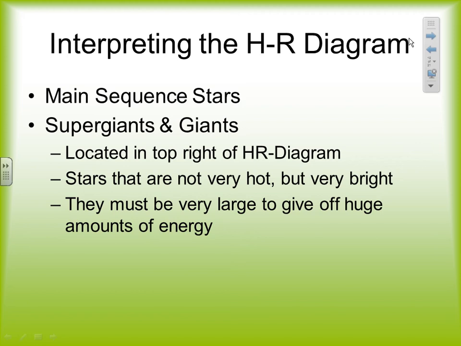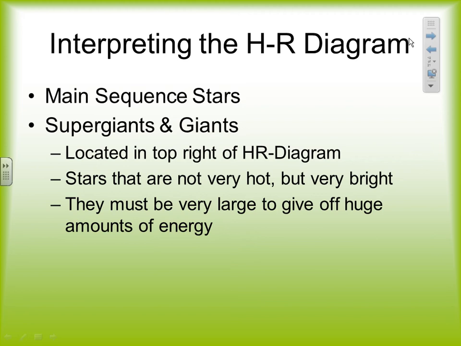Have something that doesn't give off a whole lot of light to begin with, but it's really, really big, it can appear bright. For example, if you have one, let's say, 100-watt light bulb, you can fill up a room with candles and make it just as bright as one 100-watt light bulb.